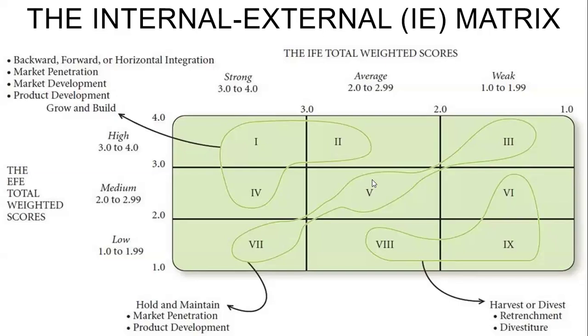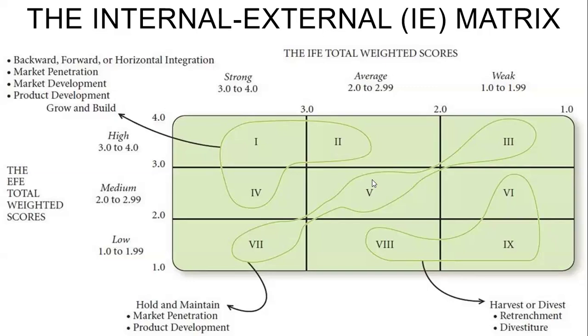Then the ratings are normally done ranging from a scale of 1 to 4, with 4 indicating higher efficacy and 1 indicating lower efficacy. Once you do these weightings and ratings, then you multiply them to get your weighted scores.